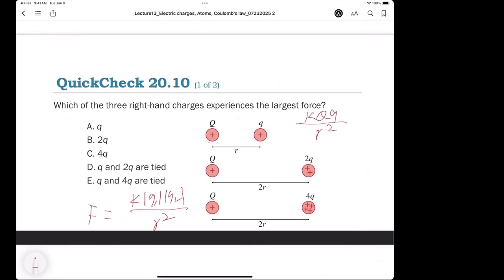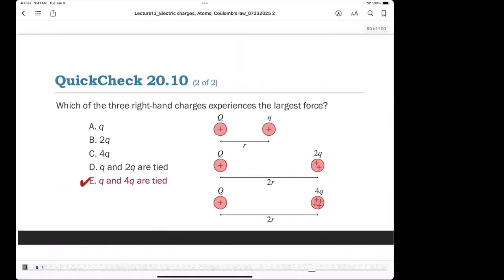This one is 2 K Q Q, because this is 2Q divided by 4. And this one is 4 K Q Q divided by 4, and we can remove this one. So this one and this one are equal, and are the largest. So Q and 4Q are tied. You should choose this one. Does it make sense to you?